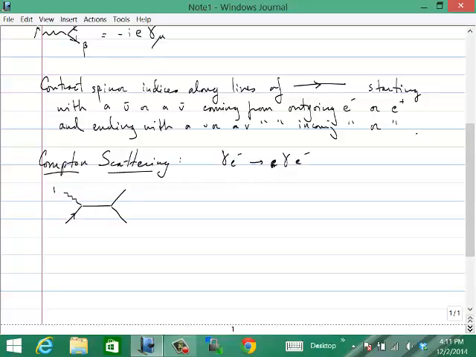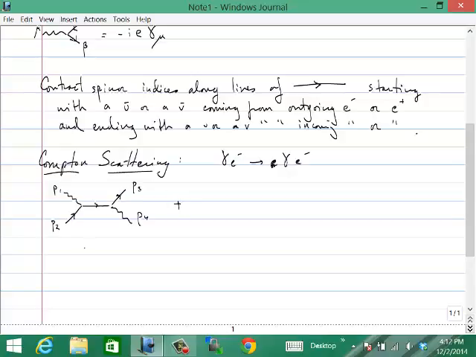Let's say that you have some photon with momentum p1 and an electron with momentum p2. At the end, your electron has momentum p3, and, sorry, that's a photon line, your photon has momentum p4. Then this diagram that I've written here would be one possible contribution to this process.